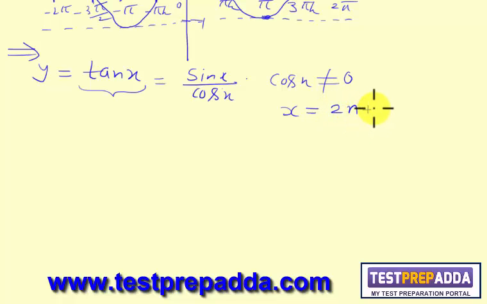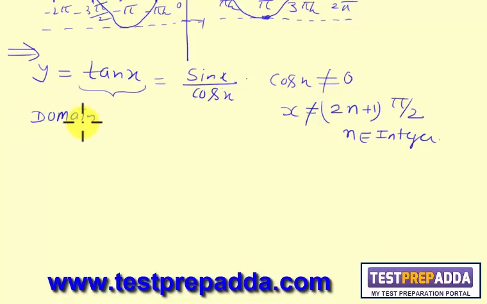(2n plus 1) pi by 2, where n is an integer. Got the idea? So x should not be equal to this. So what is the domain of this tan x?